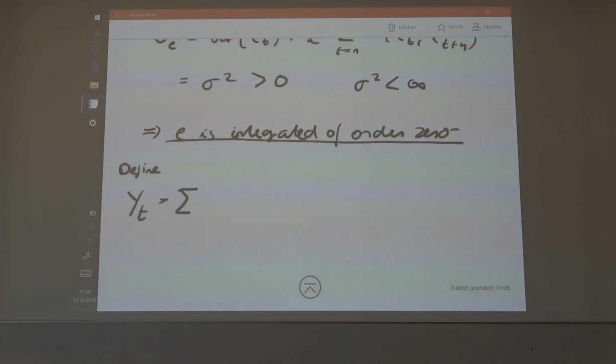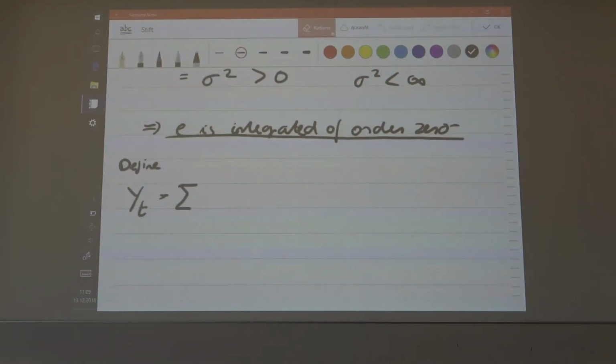Now let's have a look. That's how you would sum up the process as well, and you would have the same thing. I'm not going to focus on that, but I'm going to give you another example of a process which is stationary, but not integrated of order 0.